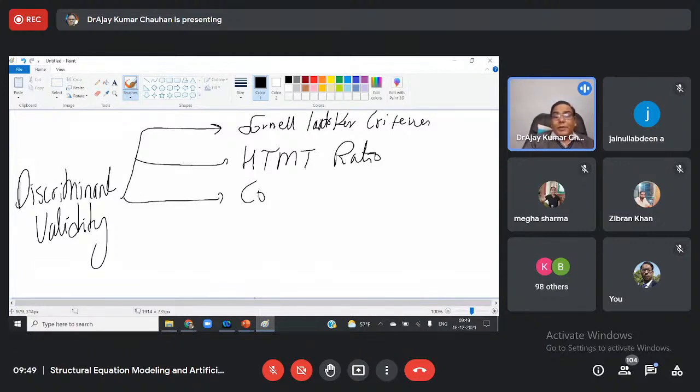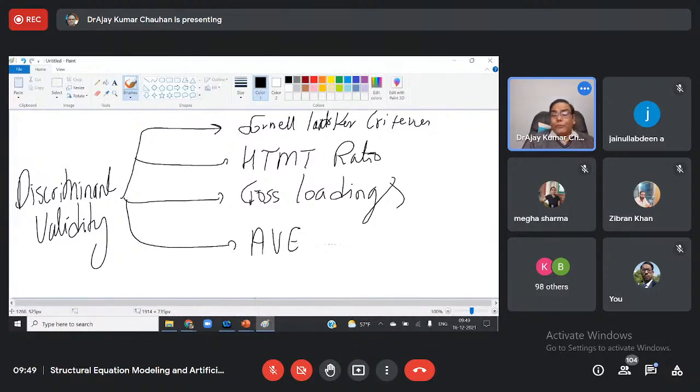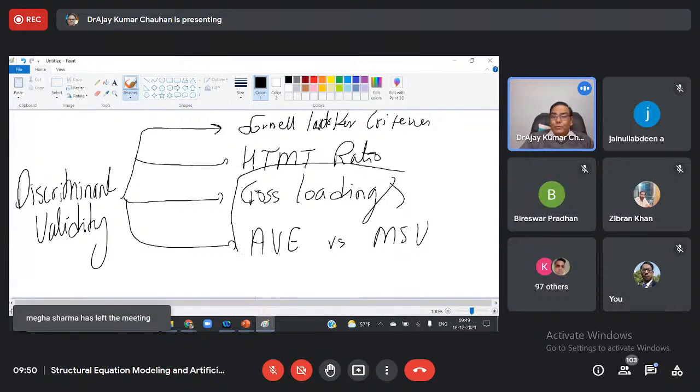Then simply cross loadings. And one more, comparing the AVE versus MSV. So there are four measures of discriminant validity. These are the four criteria for examining the discriminant validity. I'm going to explain all four. First of all, let's explain these two, and then I will go to the other two.